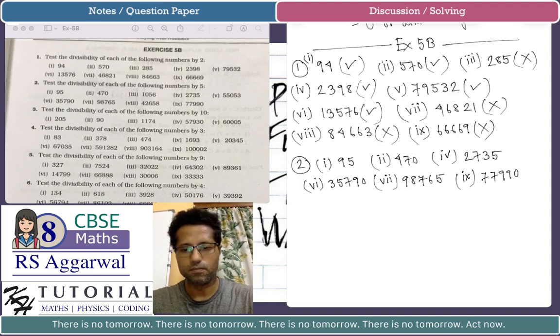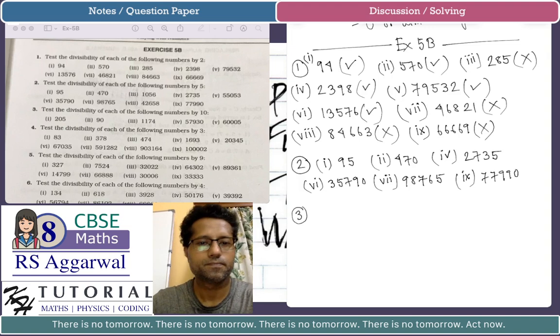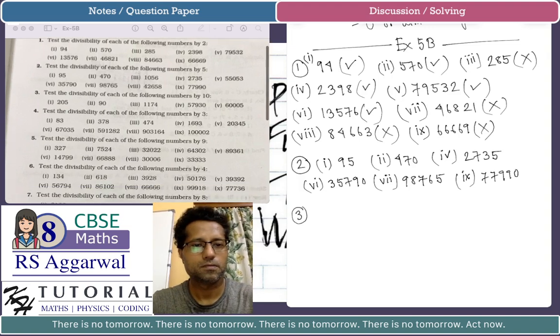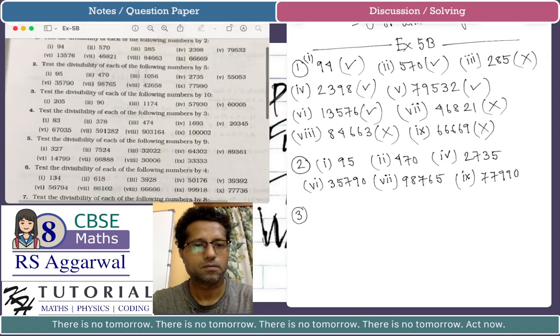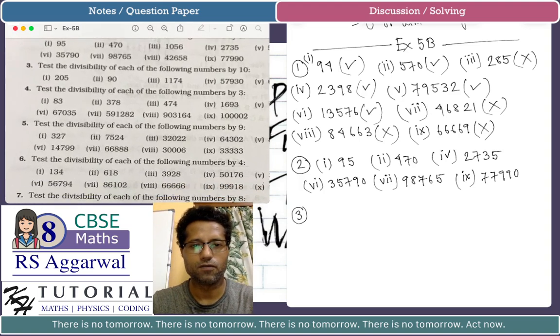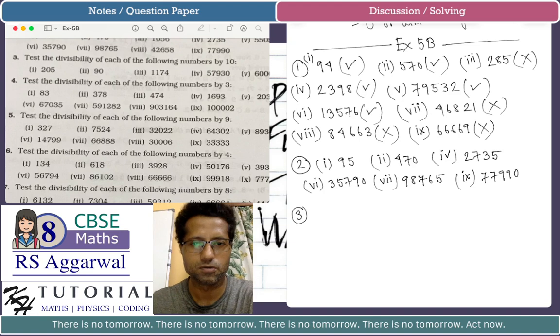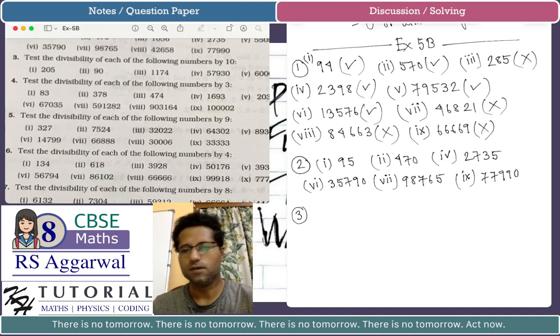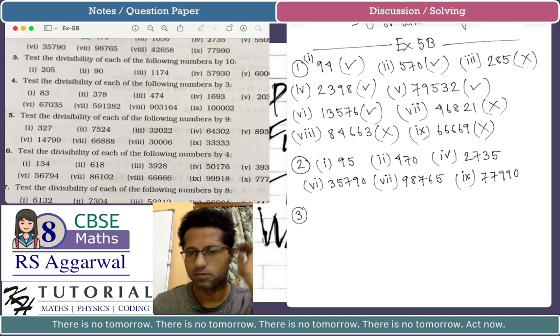Let's do problem number 3. Test the divisibility of each of the following numbers by 10. So this is also pretty straightforward. We have to see whether the digit at the units place is 0 or not.